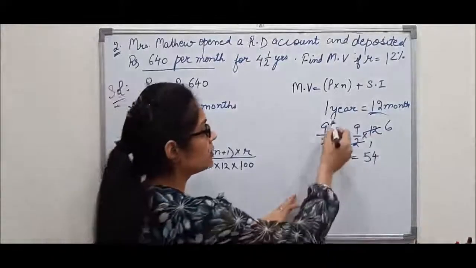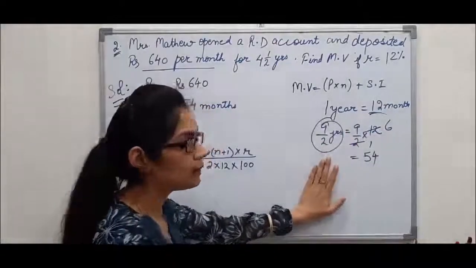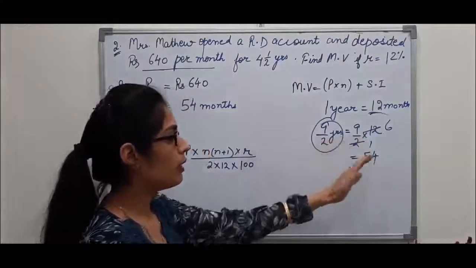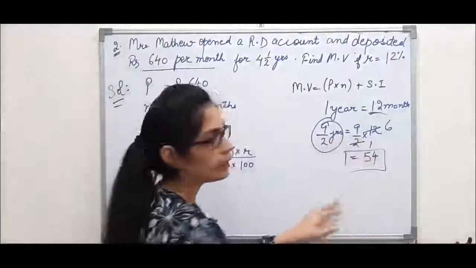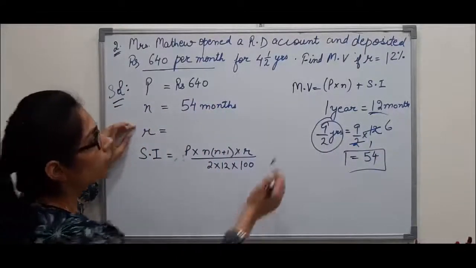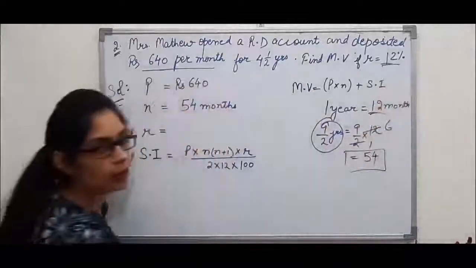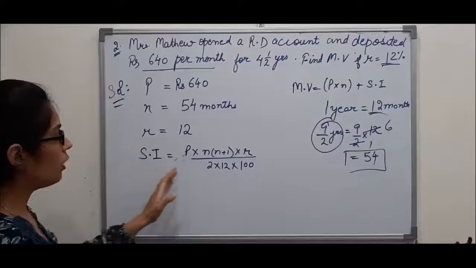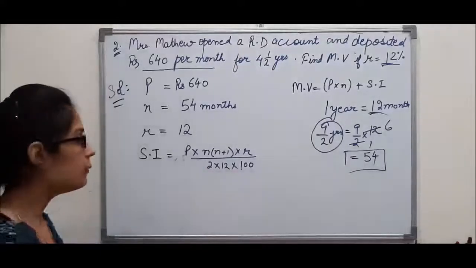So whichever years they have given you, you just have to multiply that number by 12. If we multiply 9 by 2 into 12, we get 54, which means our N is equal to 54 months. Now R they have directly written as 12% per annum. Now we have got all the values which we need for simple interest.